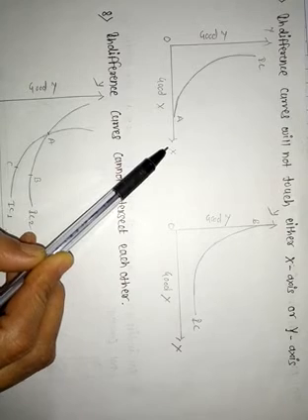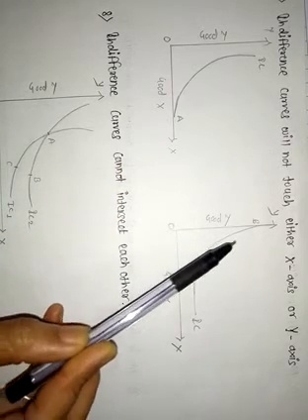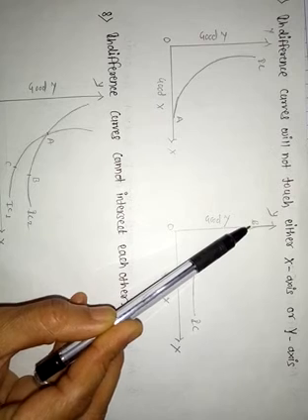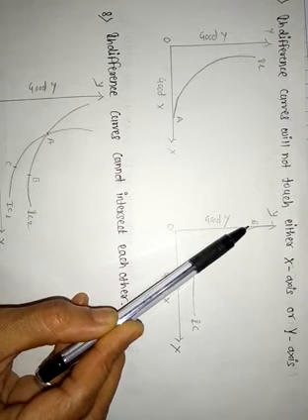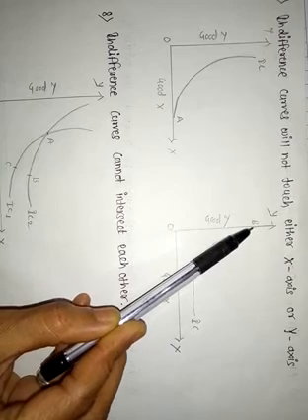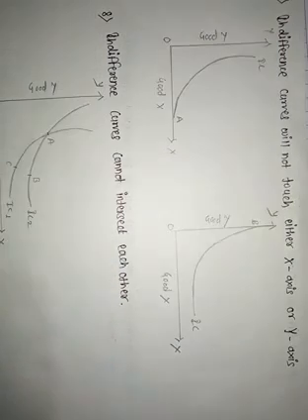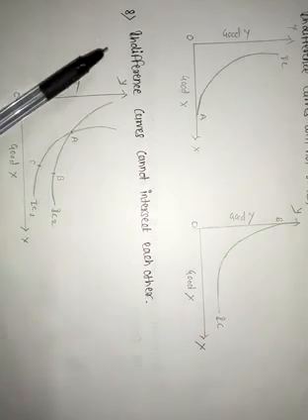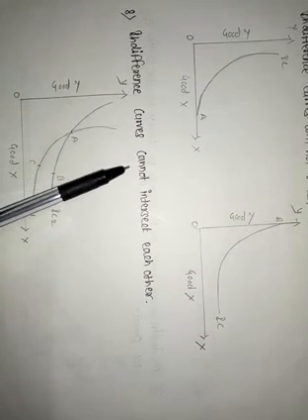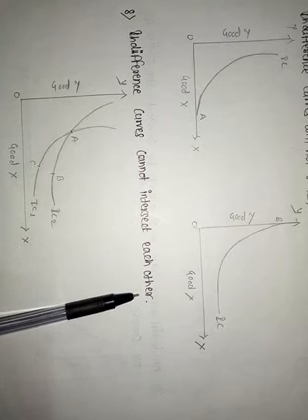If the indifference curve touches only the y-axis, then the consumer is having only the Y commodity at point B.